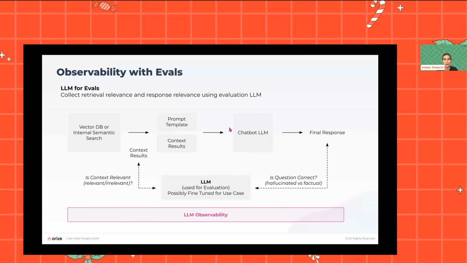Okay, question from Alex. I already see the CI/CD process. When do you run the evaluation in the lifetime of the LLM app? Great question. You're running it at all times. So in this example here, you're constantly running evaluations.